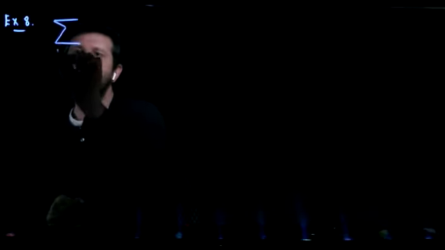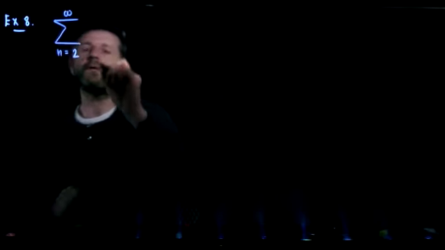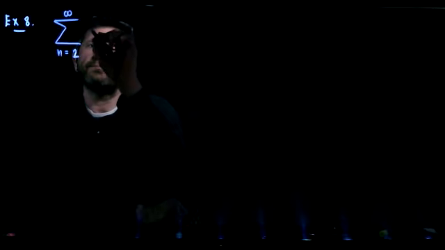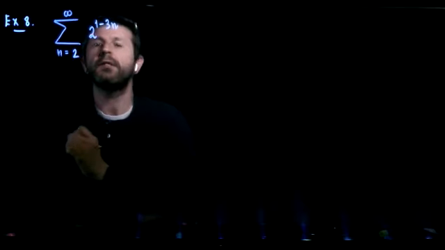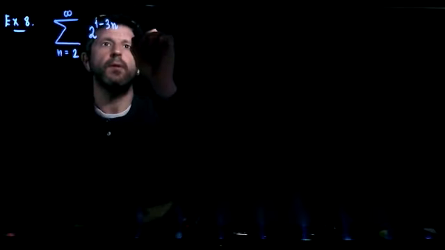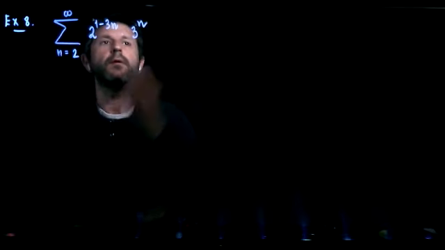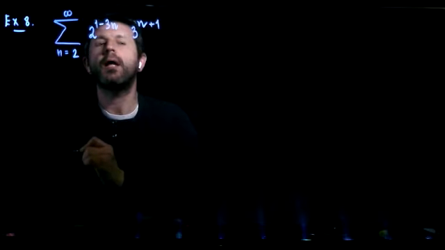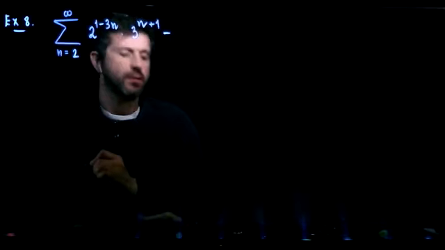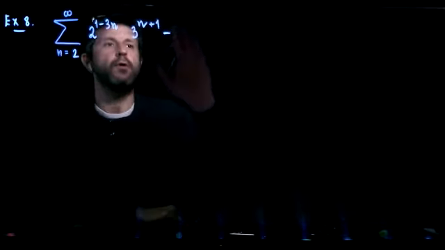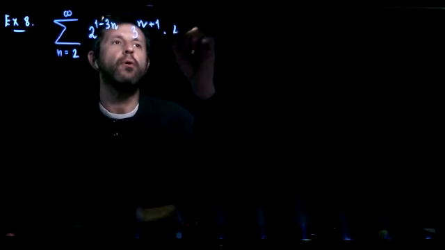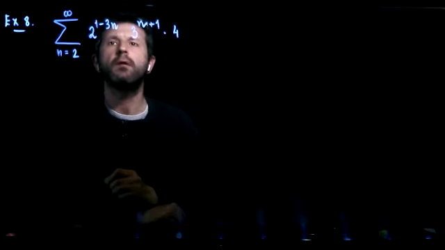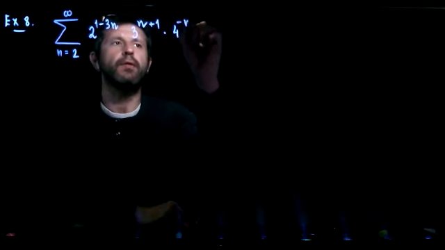Okay, so try it out. Let's do the sum n equals 2 to infinity of 2 power 1 minus 3n times 3 power n plus 1, and minus, no, sorry, not minus, times 4 to the power of negative n.